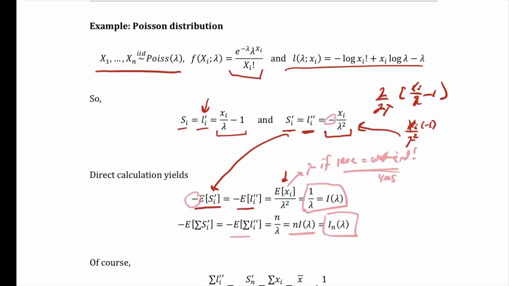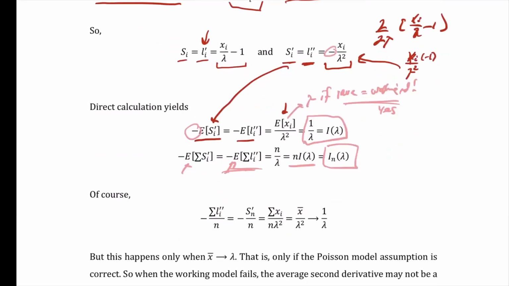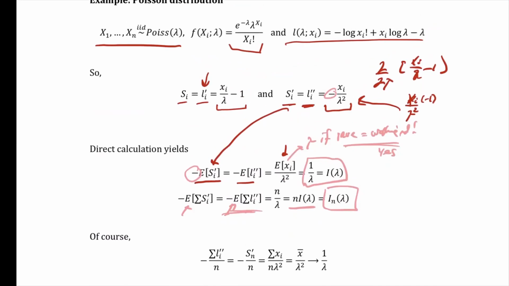Now, this is the expected value. This is what happens in the limit. What happens in a particular sample? Well, in a particular sample, I'm not taking the expected value. So I would just actually calculate this thing, which is an average right here. I don't want to write over that.